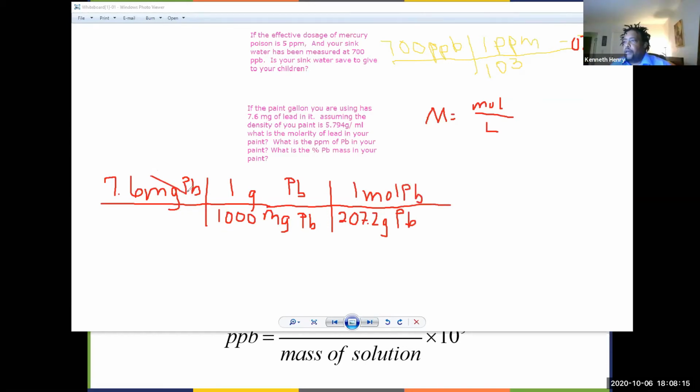Okay, so then I got rid of milligrams, I got rid of grams. I have moles. That is a very small number.